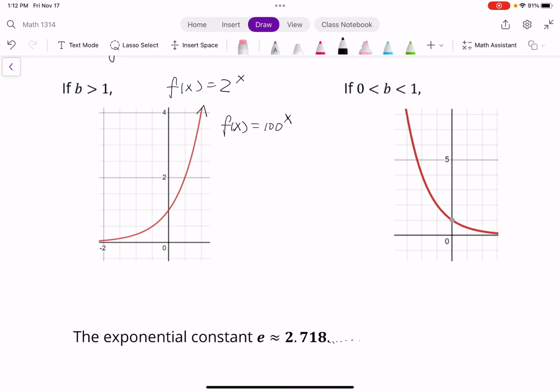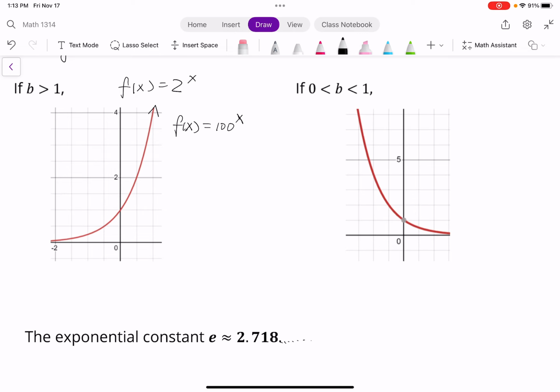If b is between 0 and 1, for example, f of x equals 1/2 to the x, or f of x equals 0.7 to the x.